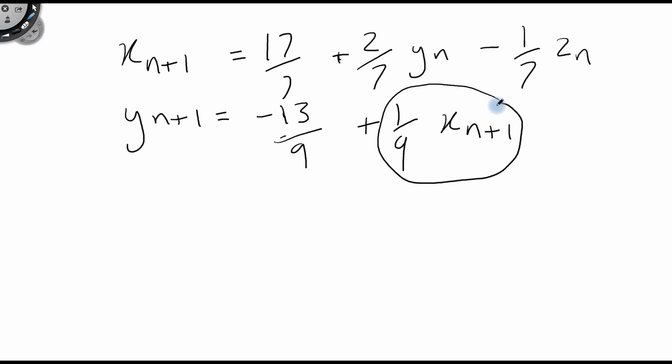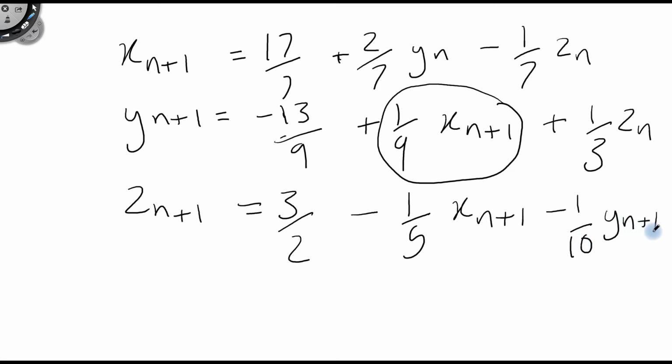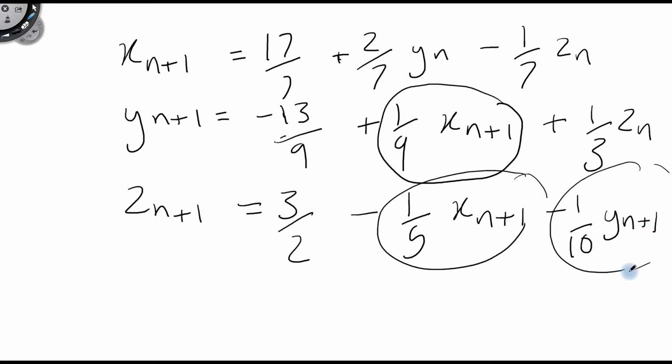That's a modified term from Jacobi: before it was x n, now it's x n plus 1. And a third z of n. Then you have z n plus 1 equals 3 on 2 minus a fifth x n plus 1 minus a tenth y n plus 1. These are the modified terms again.